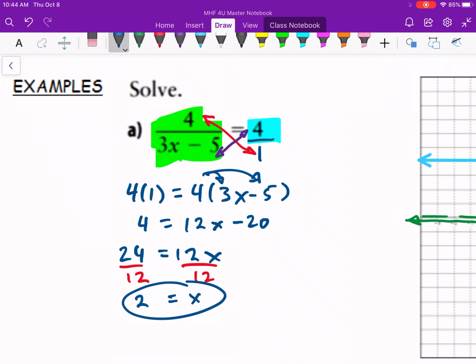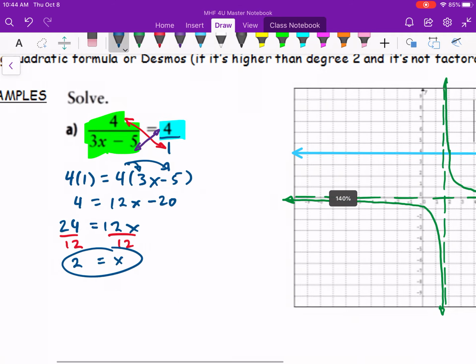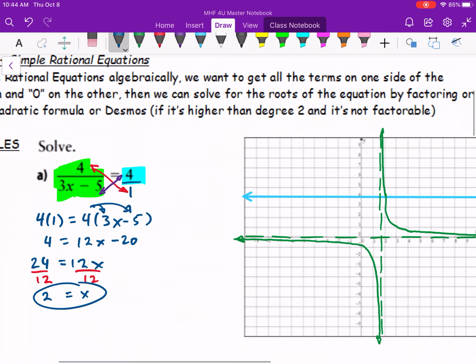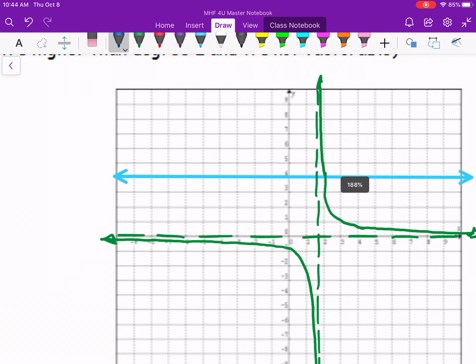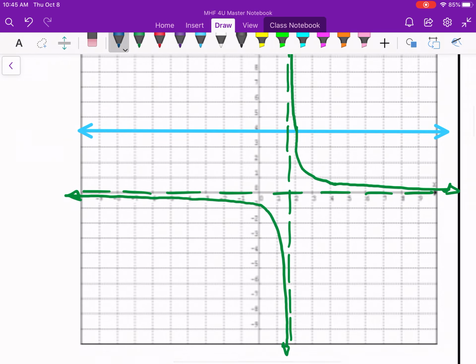You won't necessarily show the steps exactly the way I do, but you should get the same answer of x equals 2. So that is excellent. We can see that when we do that, it gives us the same answer. I've sketched the graph of it over here.